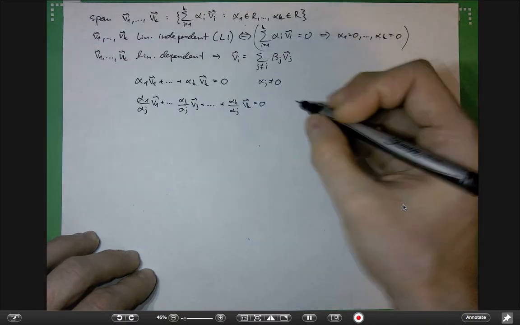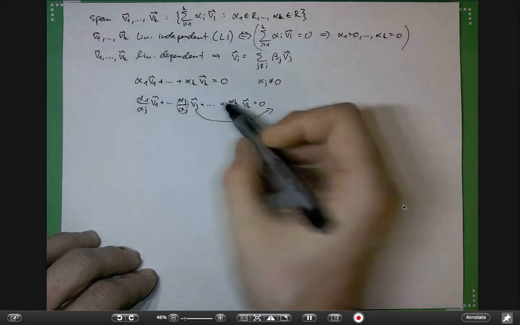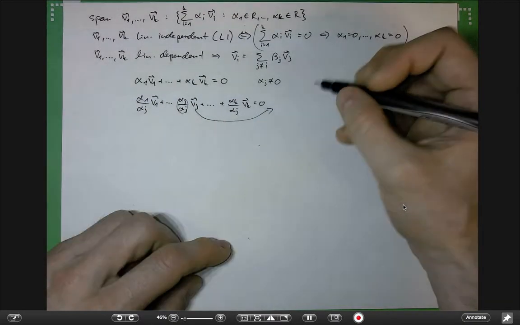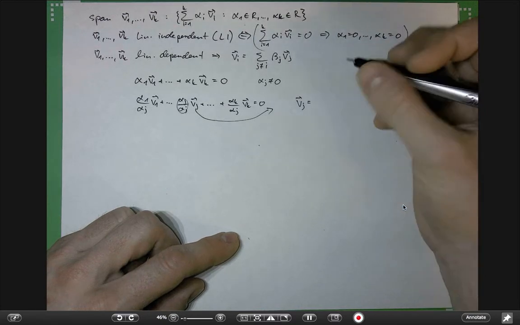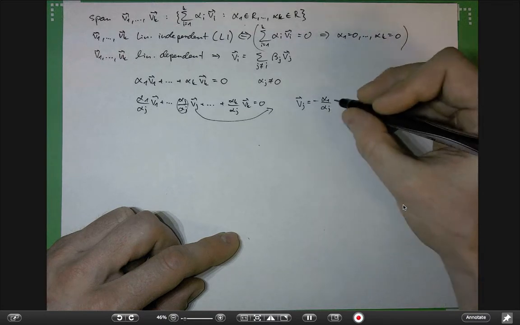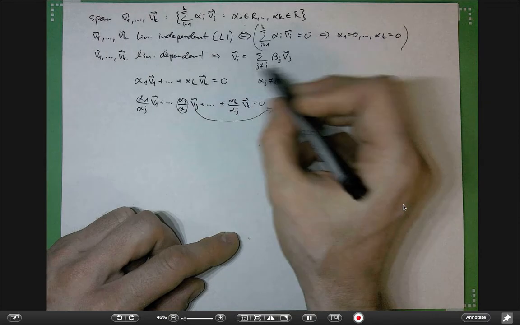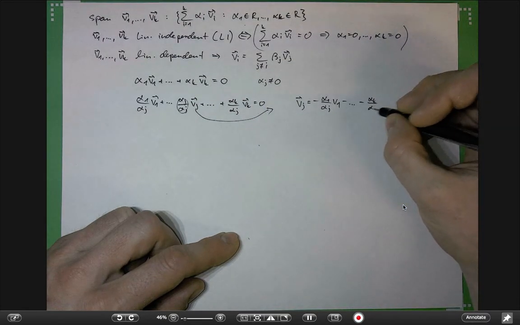Then I can put the vj on the other side, and you can clearly see that I have vj expressed as a linear combination. To finish it properly, vj equals minus alpha 1 divided by alpha j times v1, minus, and so on, skipping the j, which is what I meant in this sum, up to the last one.